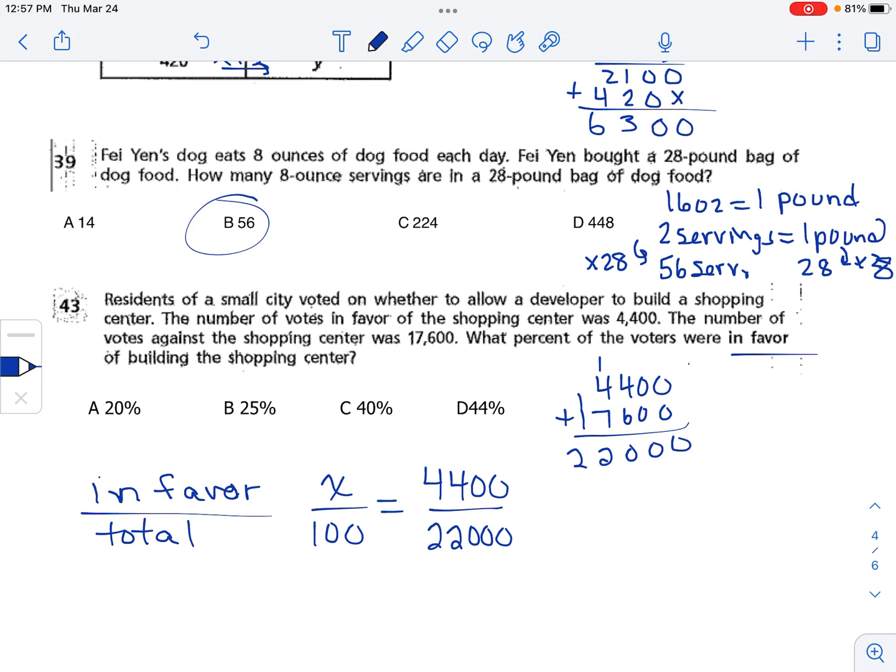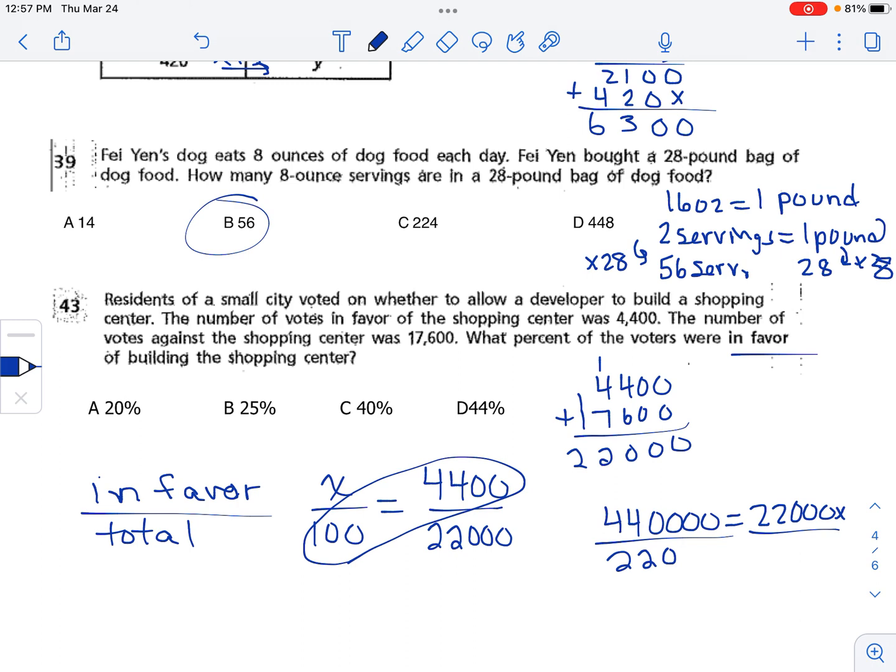Okay, so now we can cross multiply. 100 times 4,400 is, I'm going to add 4 zeros here, 440,000. And that's the same as 22,000 times x. When we divide, I'm going to show a little trick if you don't know it.